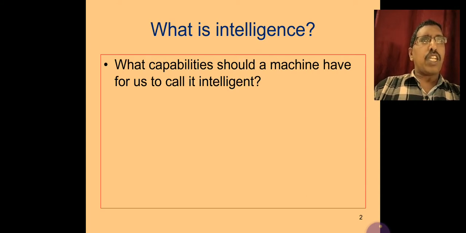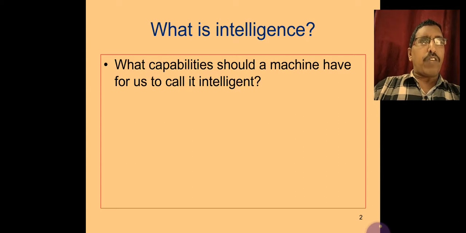Words like intelligence and consciousness are very frequently used in society, but they do not have a unique definition. Since intelligence does not have any definition, artificial intelligence also does not have a universally accepted definition.